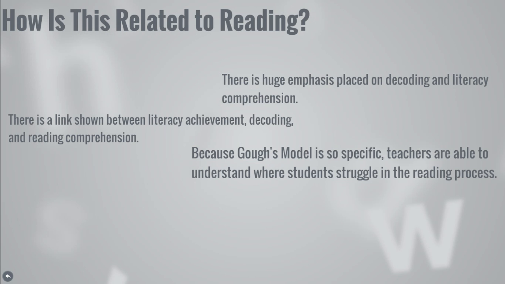But if one falls, the other doesn't really fall. So if we're doing well in literacy achievement and decoding, but then there's a little dip in decoding, reading comprehension does not suffer. Because Gough's model is so specific in the different processes and the different places that students can stand in that process, it's easy for us to understand where students struggle in the reading process and to help them with that.